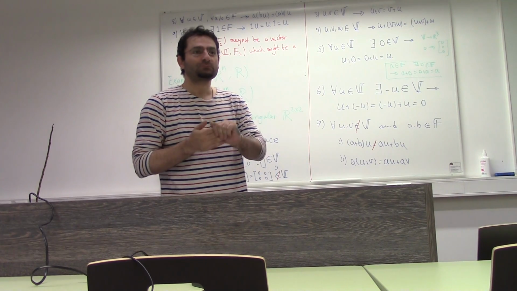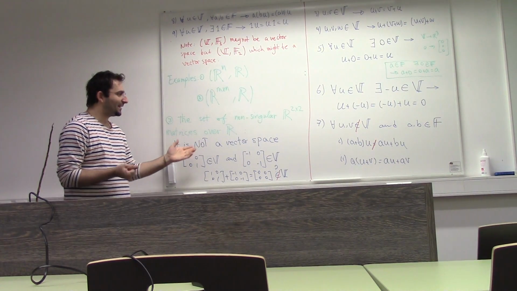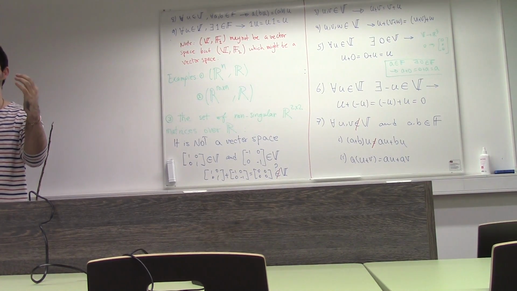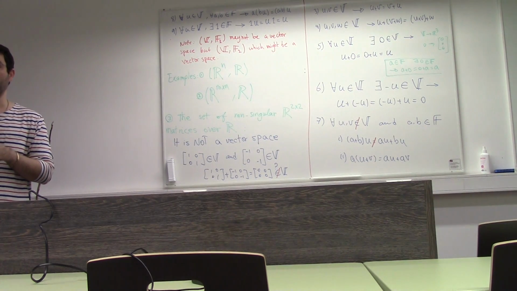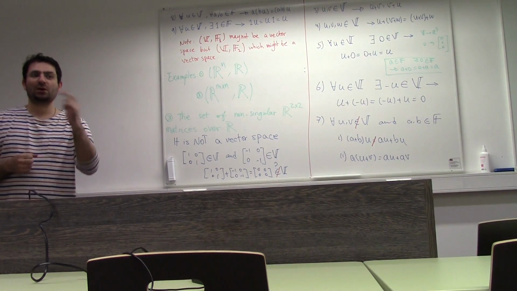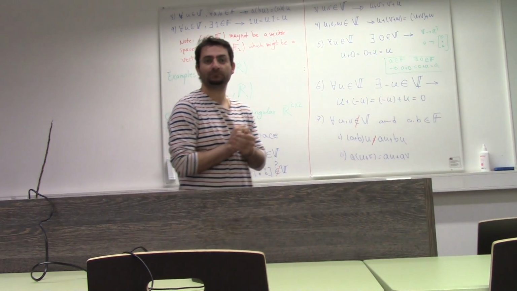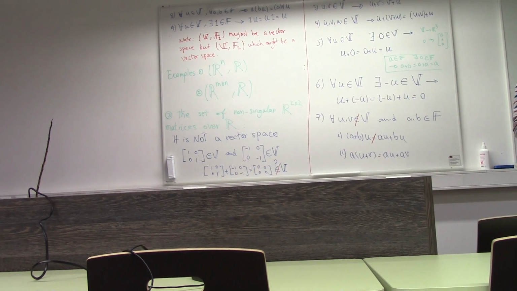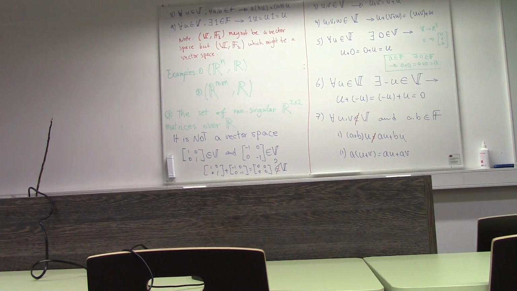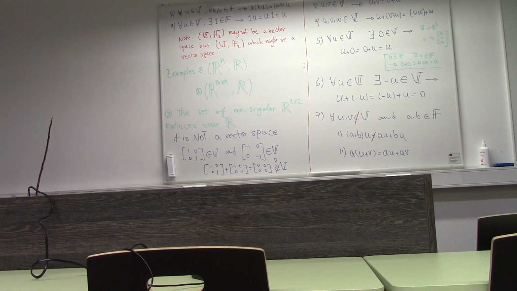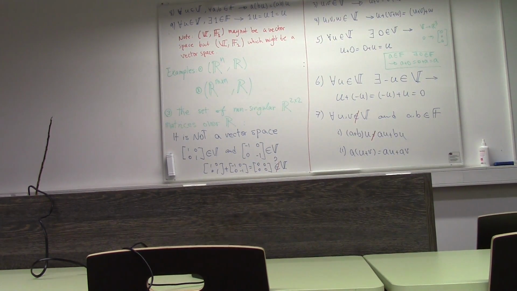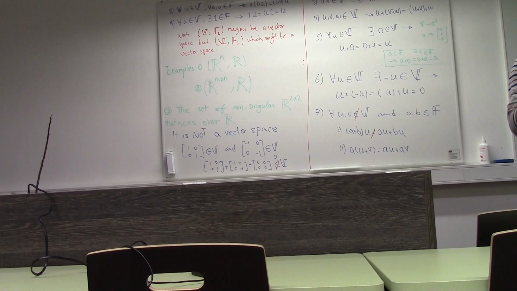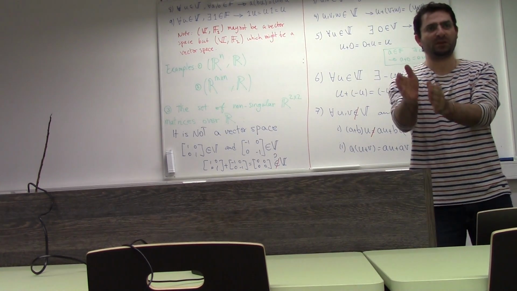But actually it was quite obvious that non-singularity is a very fragile condition. It's very easy to break it, to make it singular. Because, what was property number 2? CU should also be in the vector space. Is there any condition on C? It belongs to the field, but there is no specification that it cannot be zero.